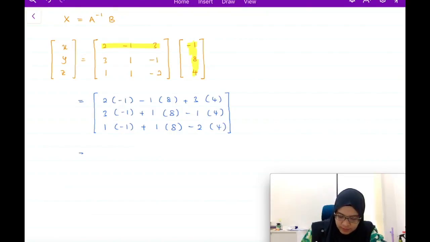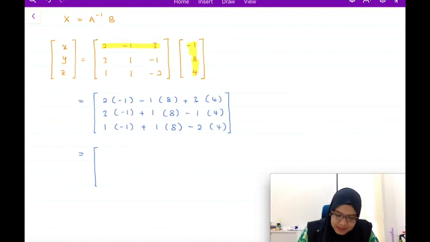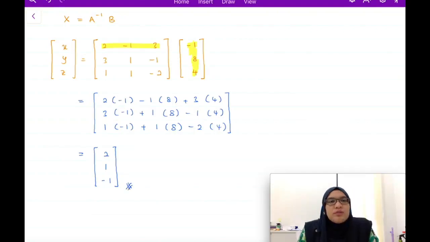Solving this, we get negative 2 minus 8, that is negative 10, plus 12, which gives 2. The next one: negative 3 plus 8 is 5, and 5 minus 4 gives 1. Lastly, negative 1 plus 8 is 7, and 7 minus 8 gives negative 1. And so there you have it, we have the solution for x, y, and z.